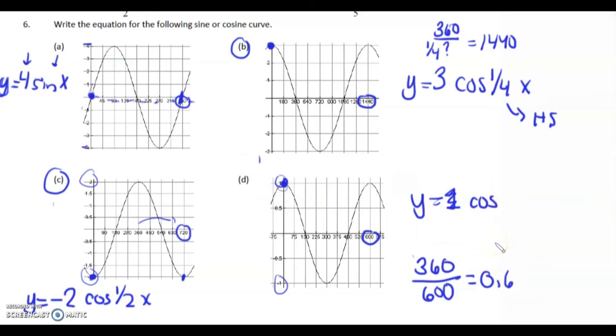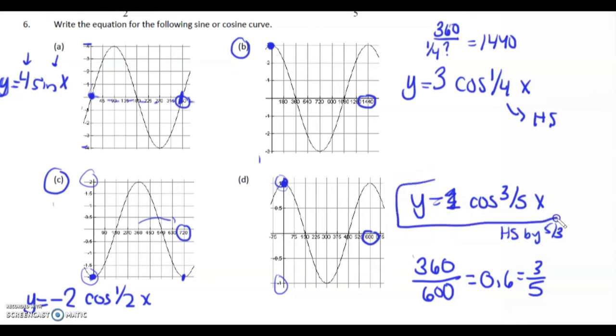We know 0.6 is 3/5. So if we put 3/5 in the equation, we know that this was a horizontal stretch by 5/3, the reciprocal of that. So here are the 4 equations.